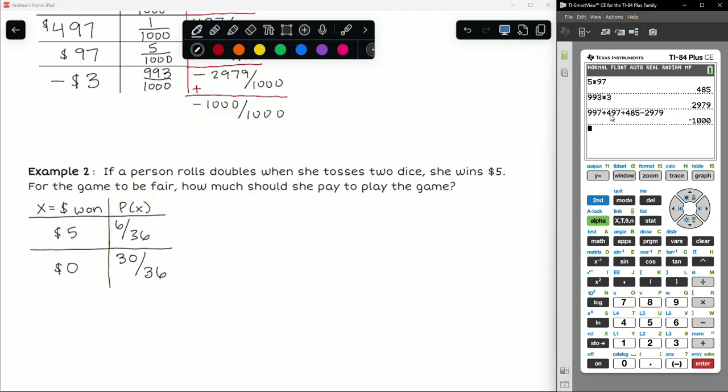In order to figure out how much she's going to win on average, we're going to calculate our expected value. And we know that our expected value is the sum of x times p of x. So we add that extra column here for that multiplication.